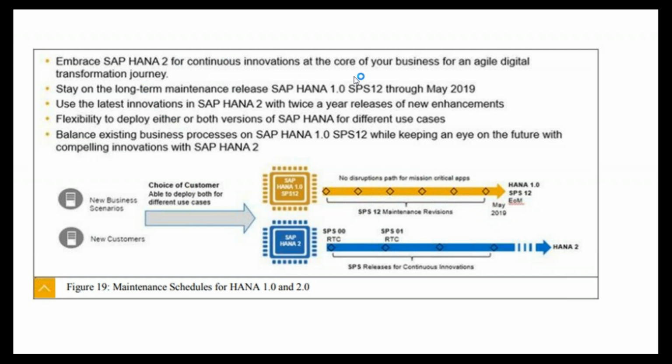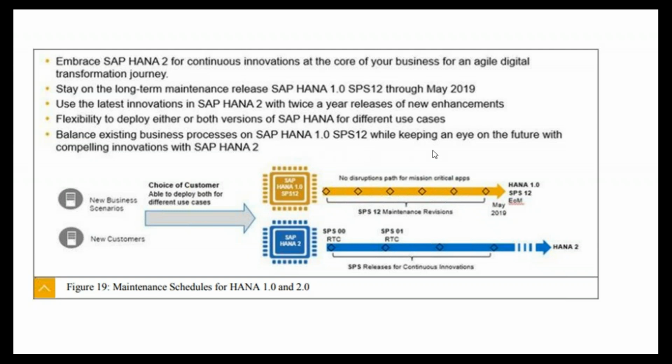HANA 2 is for continuous innovations for the core of our business for an agile digital transformation. It is a long-term maintenance release, HANA 2.0, with twice a year release of new enhancements. In HANA 2.0 again we'll have the latest innovations which can be installed in the next version. There is flexibility to deploy either or both versions of SAP HANA.